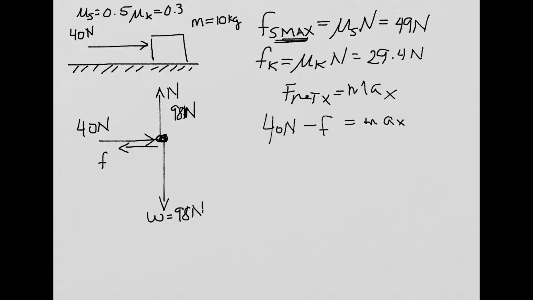If we compare that 40 newtons to the maximum available static friction, which is 49 newtons, we realize that this horizontal force is not sufficient to overcome friction. So in that situation, my acceleration is 0 because it doesn't move. Then I can solve for friction, and F is in the negative direction. It actually is equal to 40 newtons.